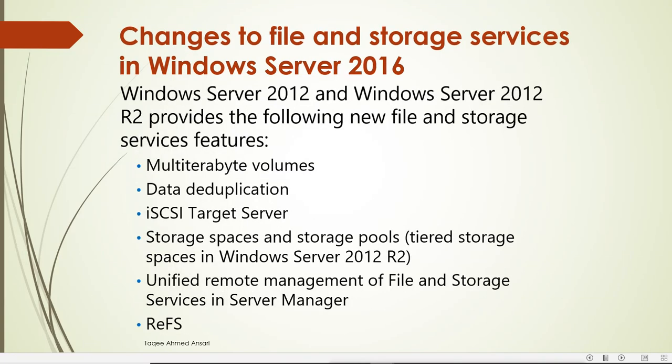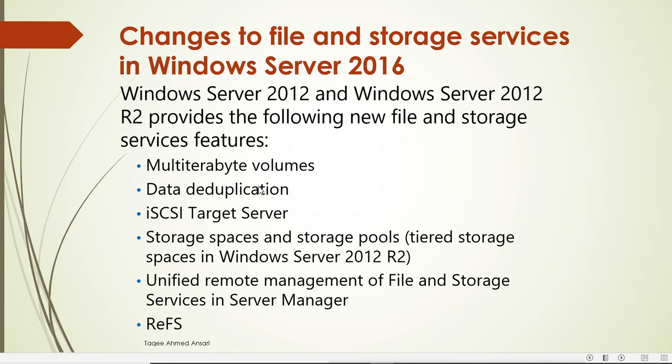Now changes, we have this in Windows Server 2012 and Windows Server 2012 R2 provides the following new file and storage services features. This was available in Server 2012 and R2. It was multi-terabyte volumes, data deduplication, iSCSI target servers. This was available in Server 2012 R2.